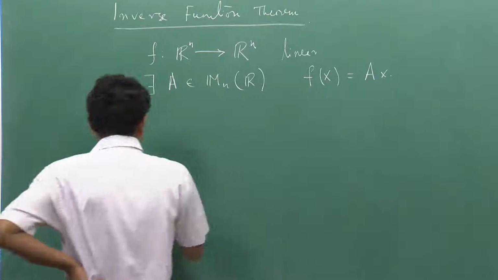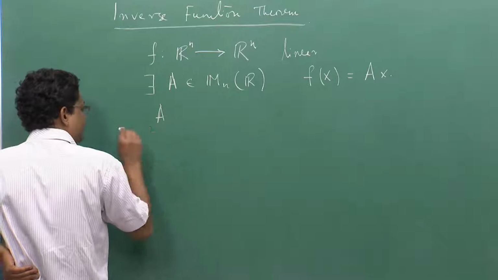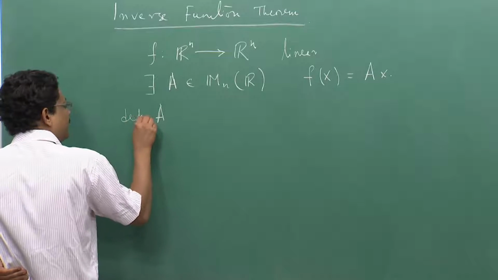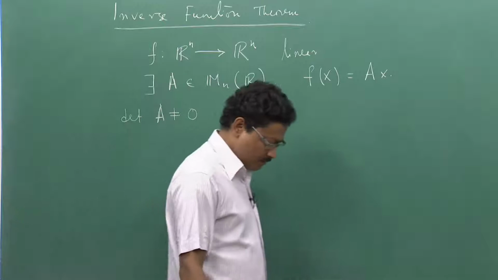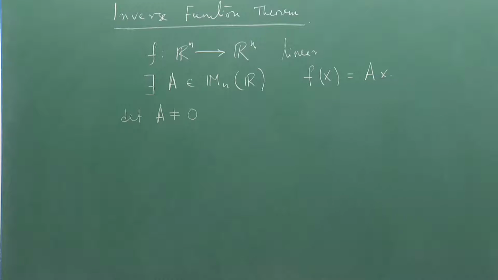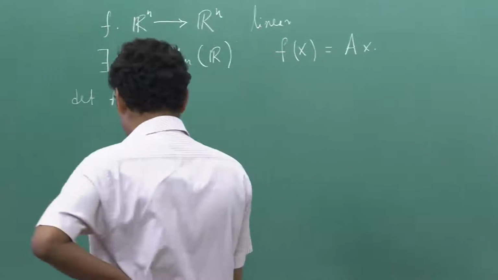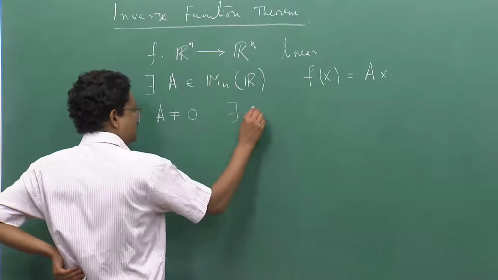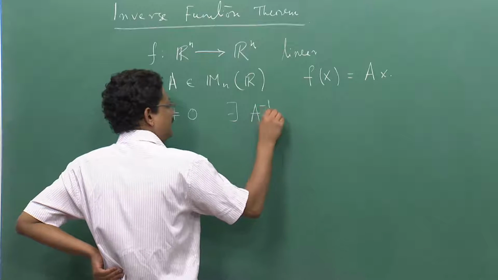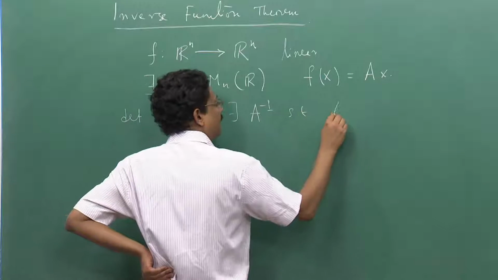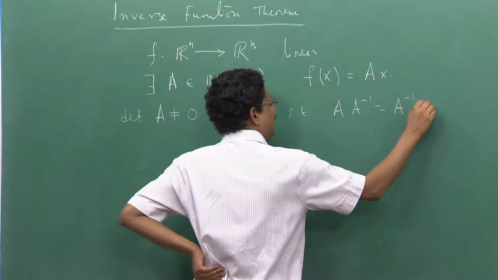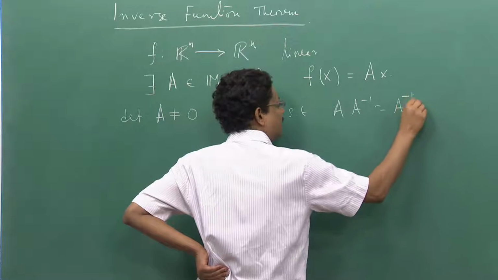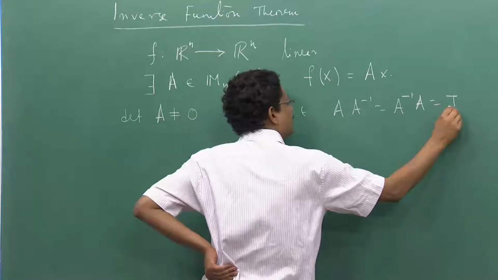Now, suppose A is an invertible matrix, that is, the determinant of A is non-zero. Then there exists A inverse such that A A inverse equals A inverse A equals the n cross n identity matrix.